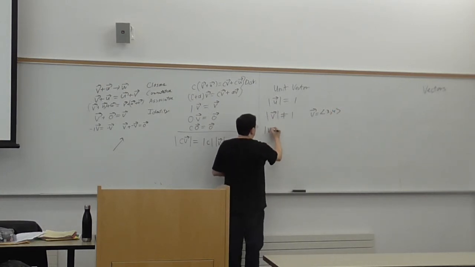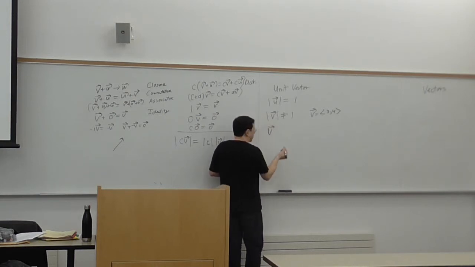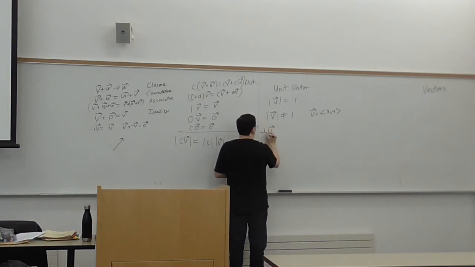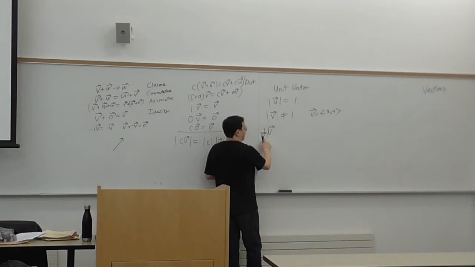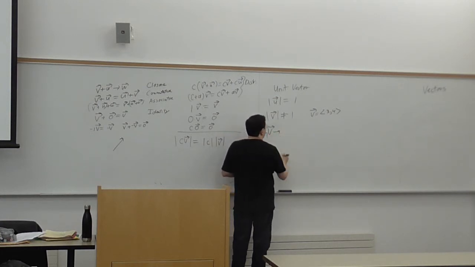If we take that vector and divide it by its norm, or multiply it by 1 over the norm, remember, this is a number, a scalar, then you get a unit vector.